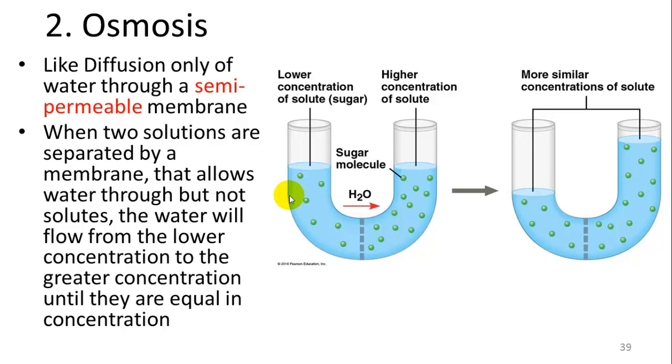Okay, so you see that here. You have a membrane. There's a lot more of the green substance on the right. And we have the sugar molecule as the green substance. And you have the semi-permeable membrane down the middle. What the water is going to do is try and even things out by passing through the semi-permeable membrane. And it'll continue to do that until it has a concentration on both sides which is equal.